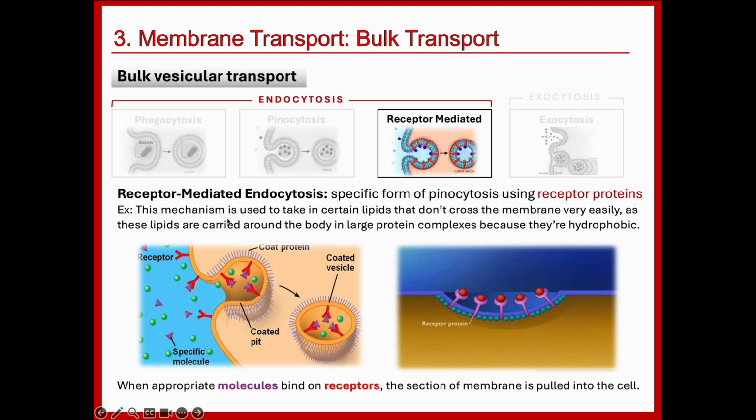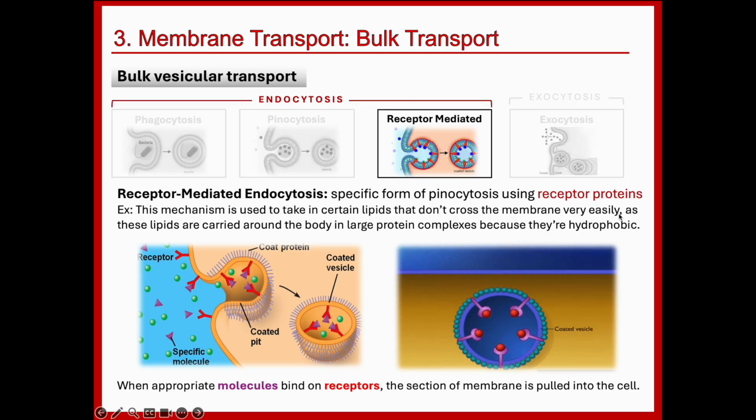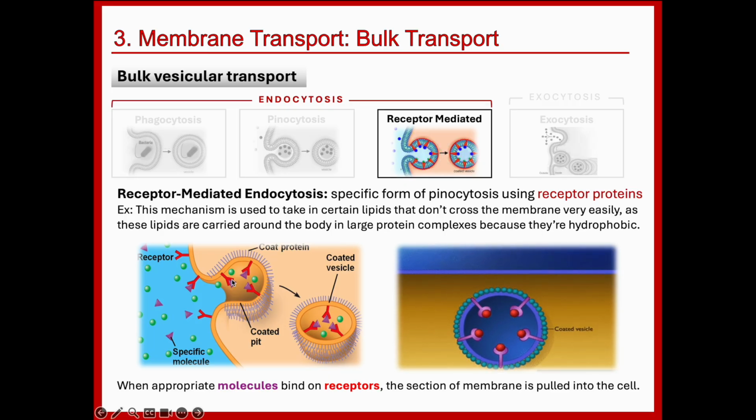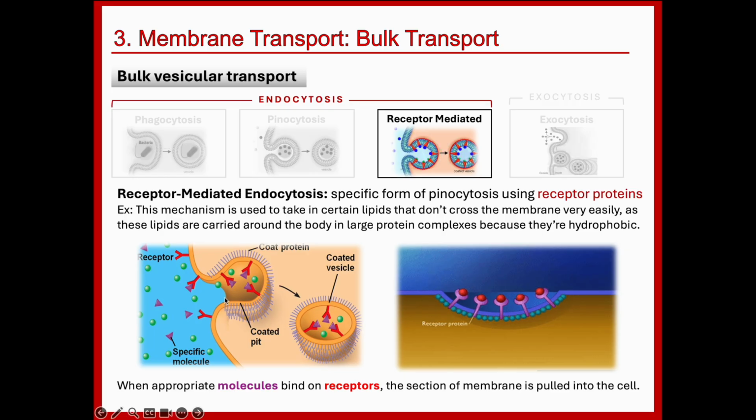So for example, this mechanism is used to take in certain lipids. Let's say these purple lipids, right, that don't cross the membrane very easily if they're too big, right? As these lipids are carried in a very big body of large protein complexes, they could go and bind to these receptors, and then they could get pushed in, right, with a vesicle coat.